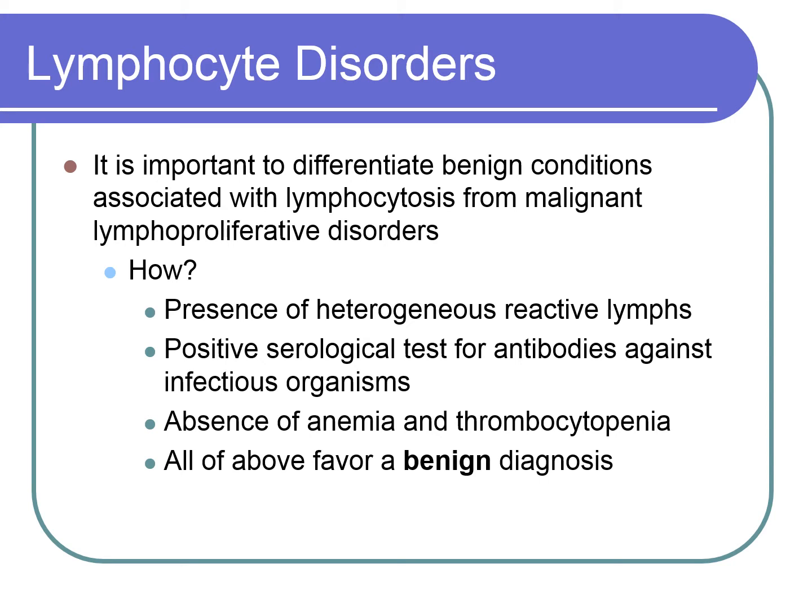And we have to re-evaluate the whole CBC report for any anemias or thrombocytopenias, and if all the above items are positive, we are in favor of a benign diagnosis.